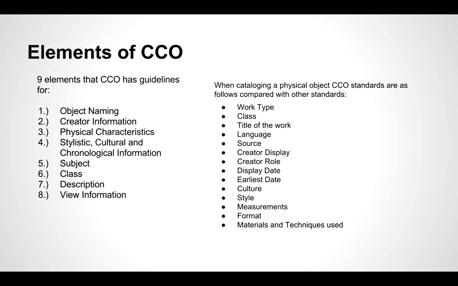The list on the right-hand side are all of the entities of the elements when they're actually cataloging a physical object. And these elements are comparable with other metadata schema standards.